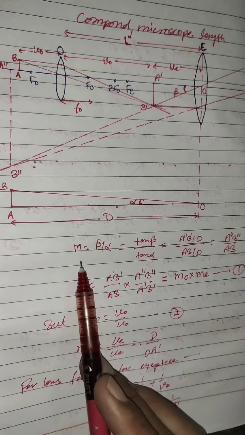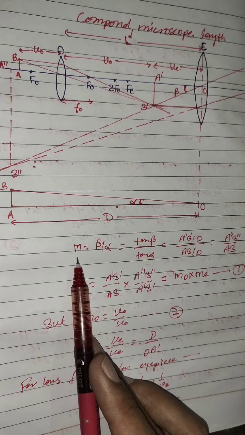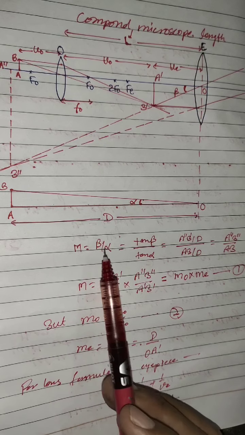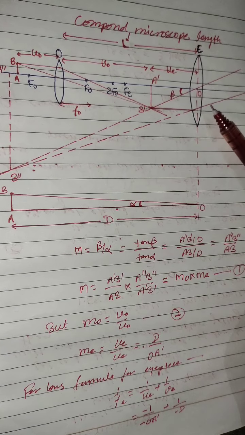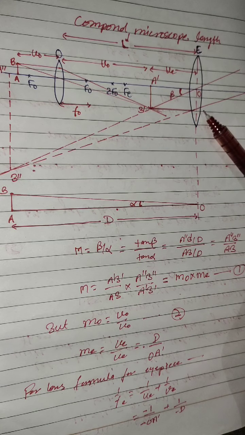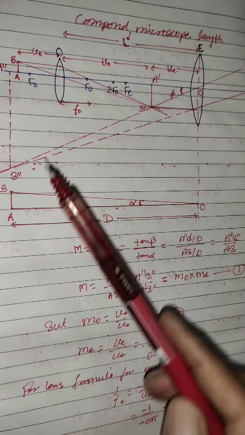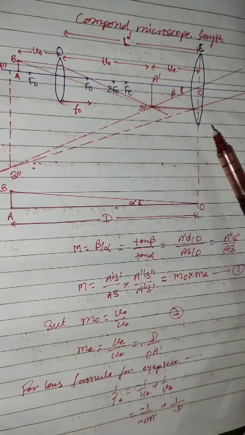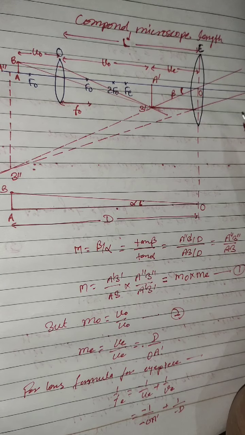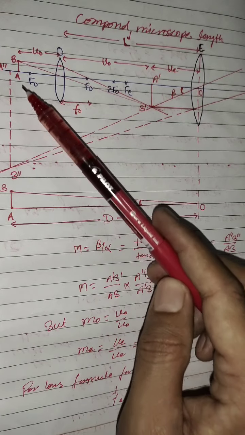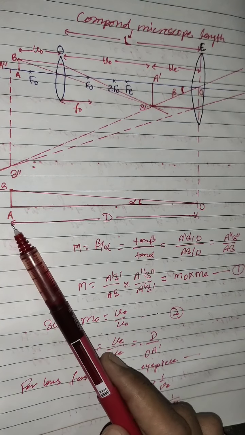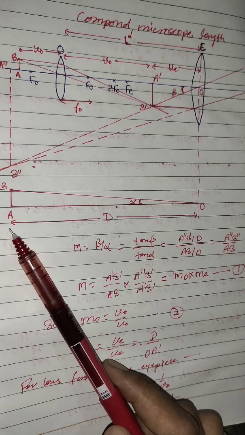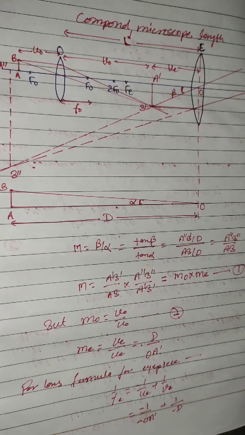The definition of angular magnification is the ratio of the angle subtended by the final image A double dash B double dash to the eye when seen through the compound microscope, to the angle subtended by the object AB when seen directly, while both the final image A double dash B double dash and object AB are lying at the least distance of distinct vision, that is 25 centimeter length.